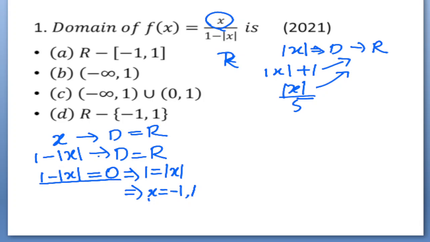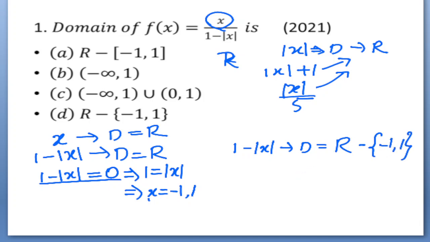Then what should be the domain of this denominator function now? Now the domain of 1 minus modulus of x is set of all real numbers. Because it is in the denominator, we have to exclude 2 values, minus 1 and plus 1.